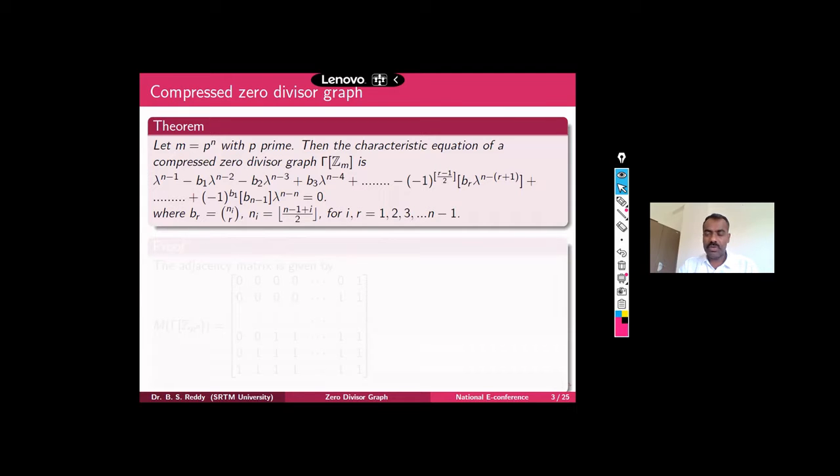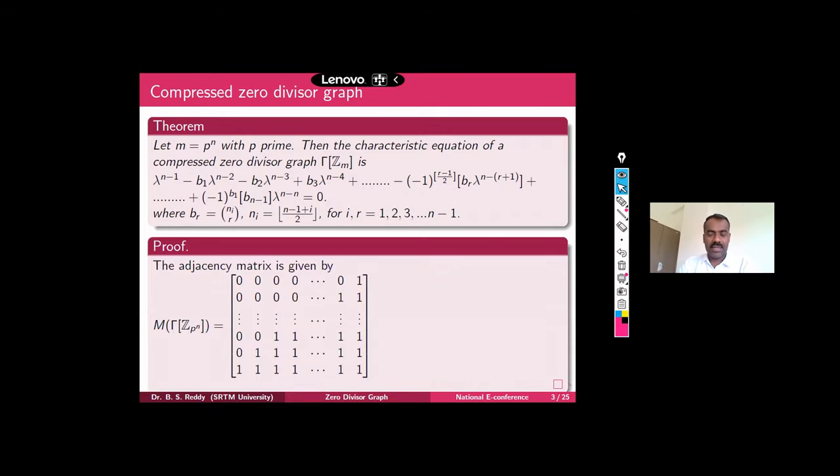I can just show you quickly an outline of how we approach this, so that you can see some interesting things there. This is, of course, the general standard form of the adjacency matrix for the compressed zero divisor graph of Z_p^n, because that is understood. What should be the different vertices? Their vertices are equivalence classes.